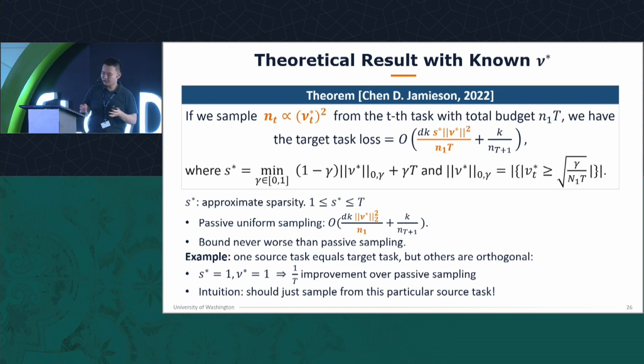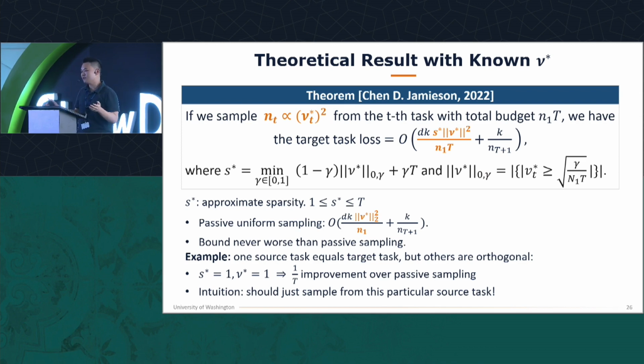So what is the intuition for this example? Suppose you have in total T source tasks, and there's one source task that is exactly equal to the target task, and you can do active sampling from it. What should you do? In passive sampling, you just uniformly sample from all the source tasks.